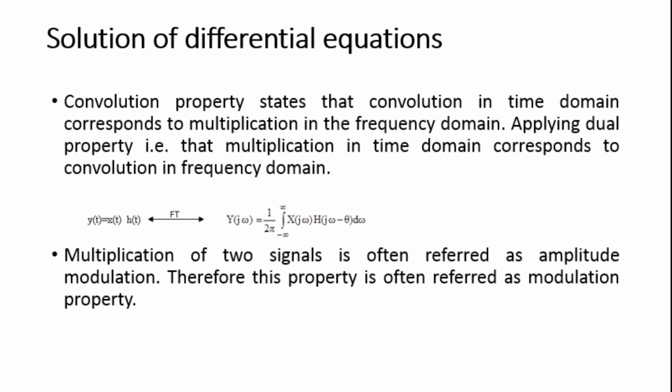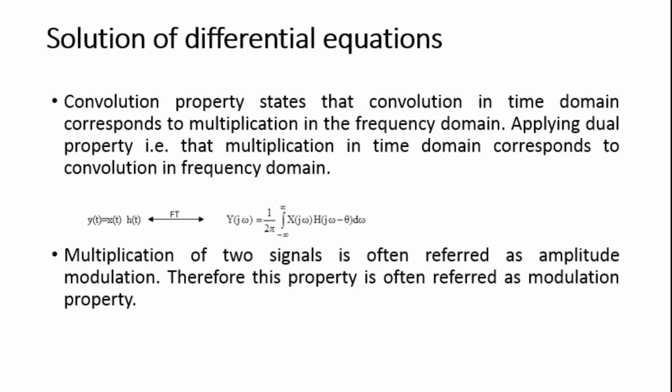Then y(t) is equal to x(t) times h(t). If we take the Fourier transform of that, we get Y(j omega) is equal to 1 divided by 2 pi integration from minus infinity to infinity X(j theta) H(j(omega minus theta)) d theta.